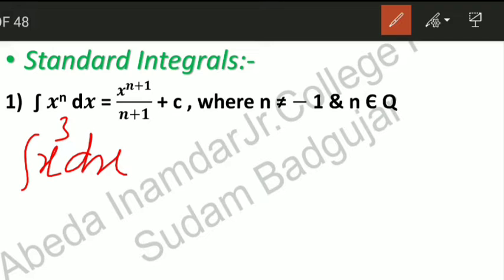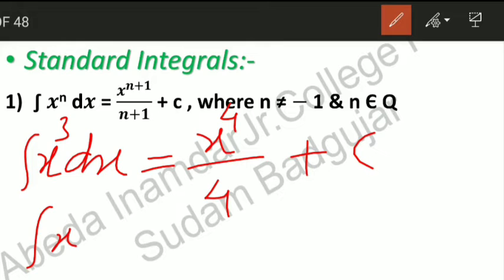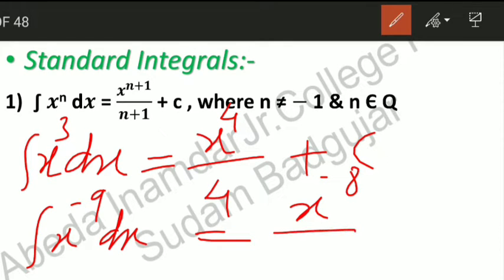Now, for example, the integration of x cube dx. Which form is this? Variable raised to number form, that is nothing but x raised to, yes, 3 plus 1 is 4, x raised to 4 upon the same power plus c. Another example, the integration of x raised to minus 9 becomes x raised to minus 9 plus 1, that is minus 8, upon minus 8 plus c, that is it.